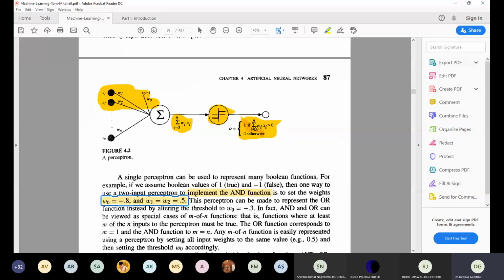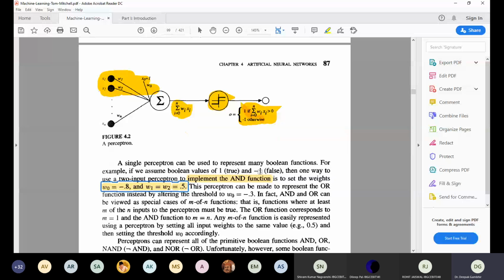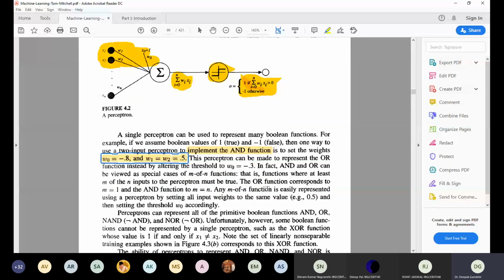So I suggest you write this, that how this perceptron is implementing an AND function for the weights W0 as 0.8 and W1, W2 as 0.5. Similarly, the same perceptron can implement the OR function. So how can the OR function be implemented?